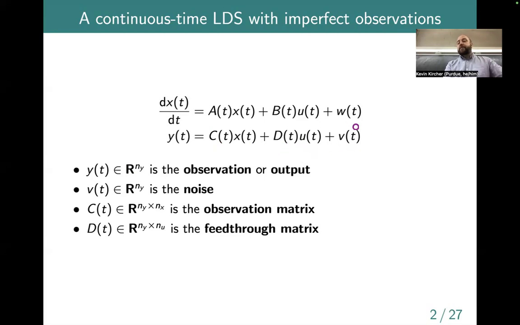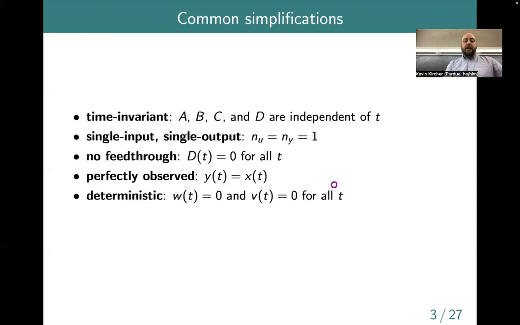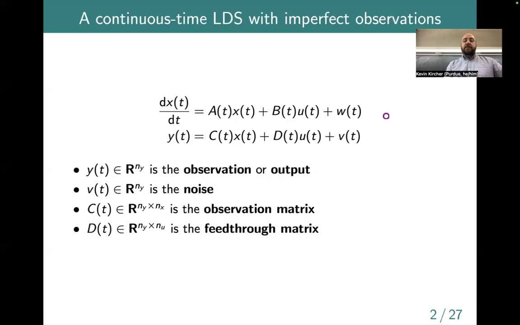And then we also have v here, which you can think of as sensor noise. If you're trying to, for example, measure electric power, and you look at power measurements of something that is constant, typically those measurements will be kind of fuzzy looking because all sensors have some inaccuracy. So v you can think of as sensor noise. Okay, so that's the full generality of a linear, time-varying, continuous-time dynamical system.